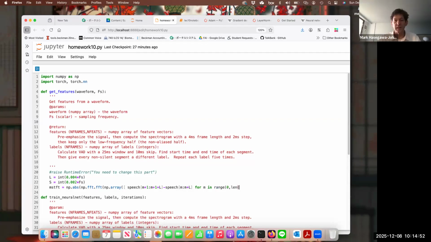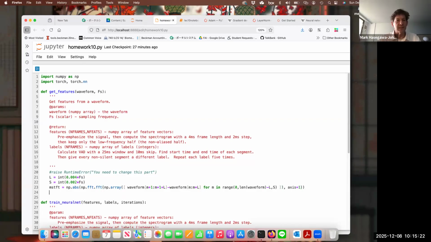This should be waveform, not speech. For m in the range from 0 to the length of the waveform minus the length of the frame, with a skip equal to S. And we want to take the FFT along the row axis and then take its absolute value.